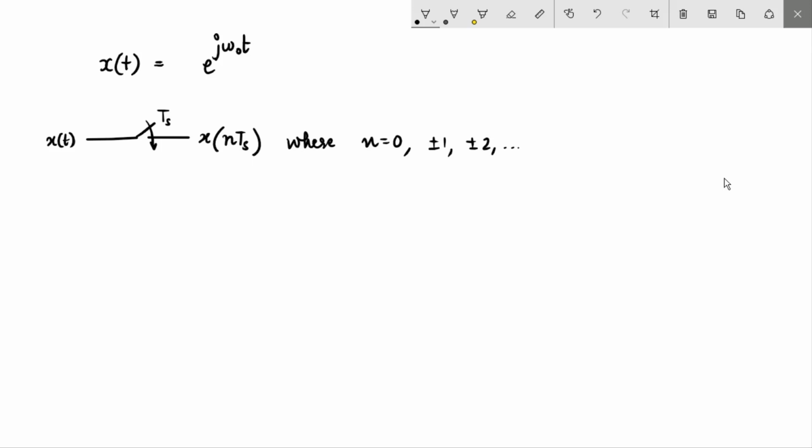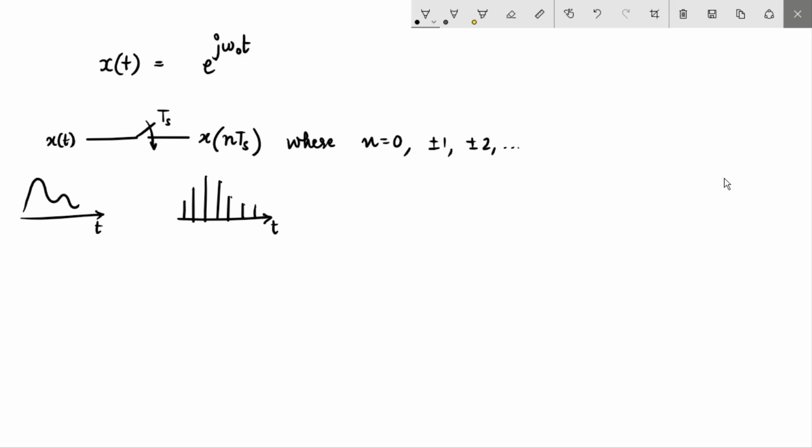So, for example, if x(t) was a signal like this along the time axis, then your x(nTs) looks something like this. This is how x(nTs) would look.